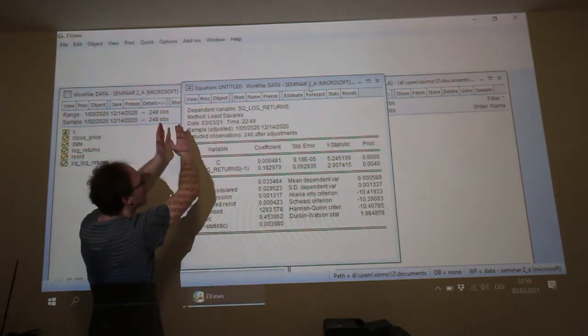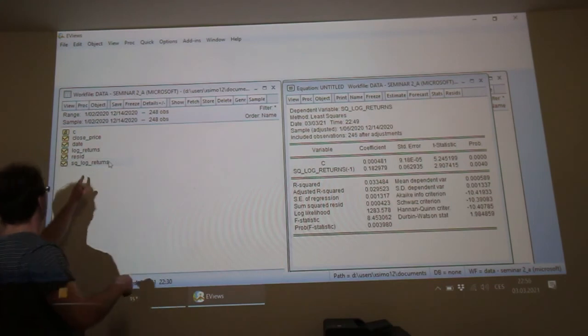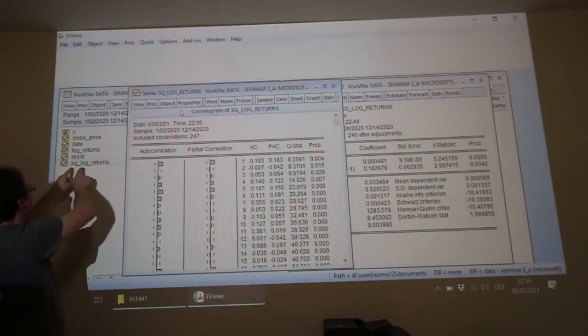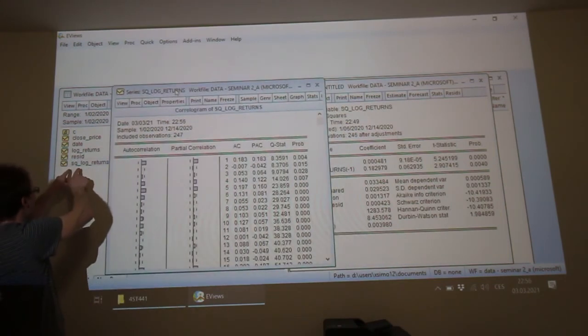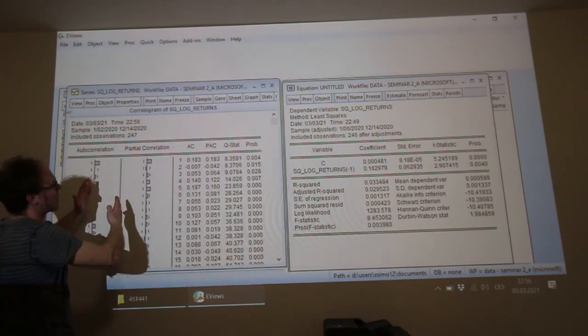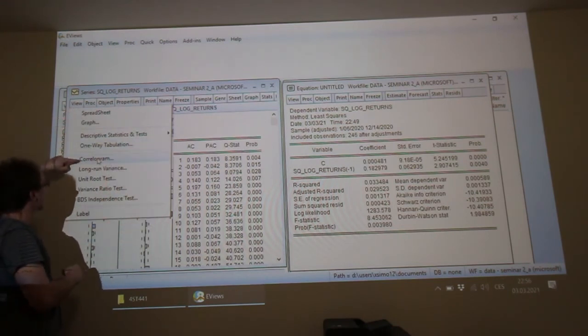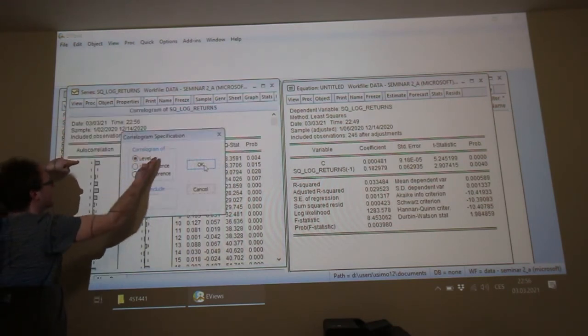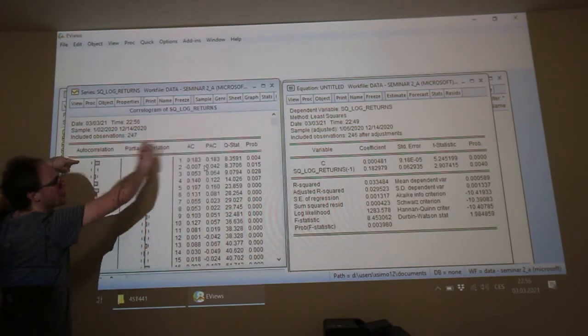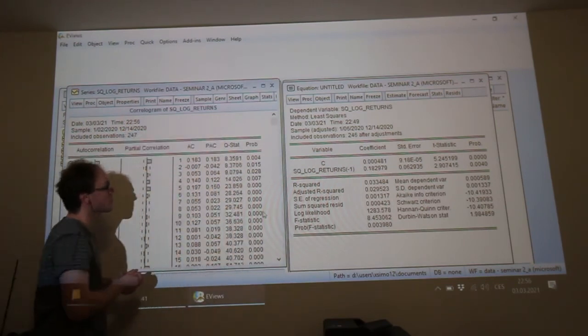So we can move this table on the right side, and we can open these squared log returns here, and click on view correlogram. There you can see the correlogram of level, this table, this graph with these values.